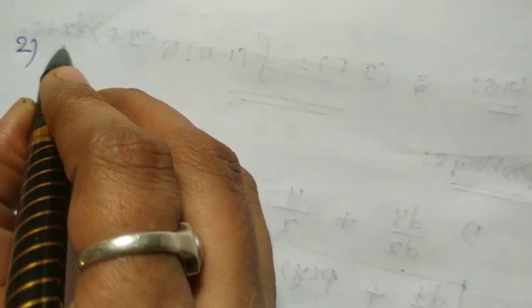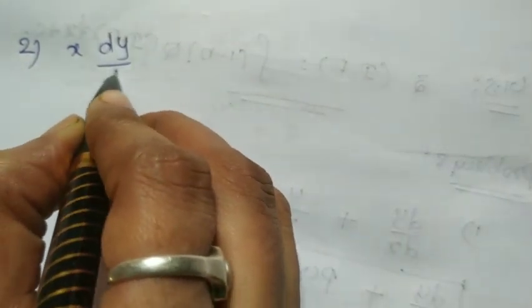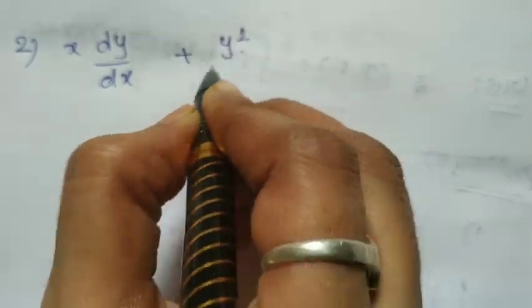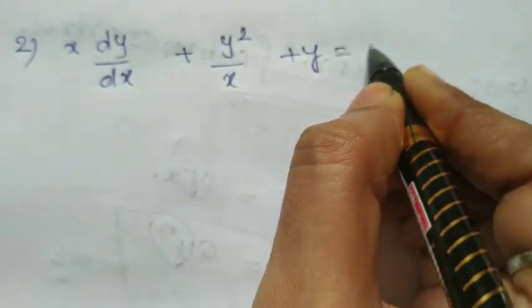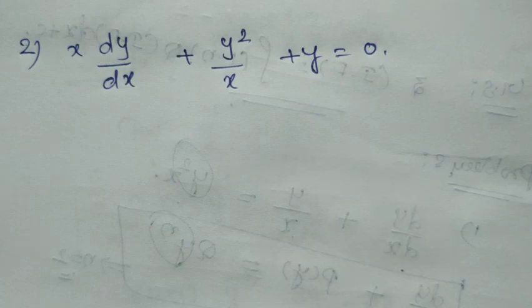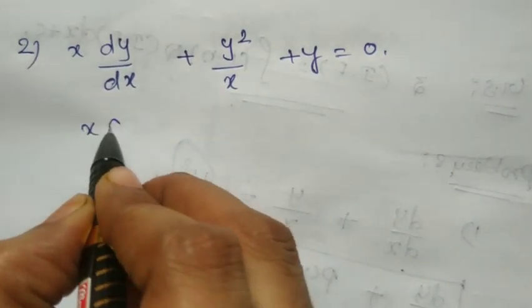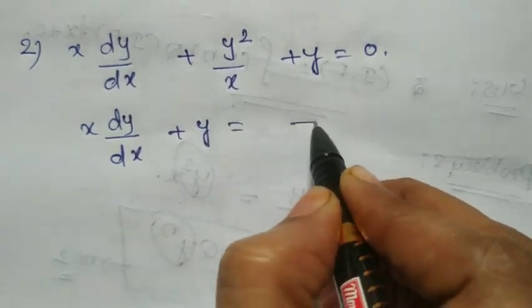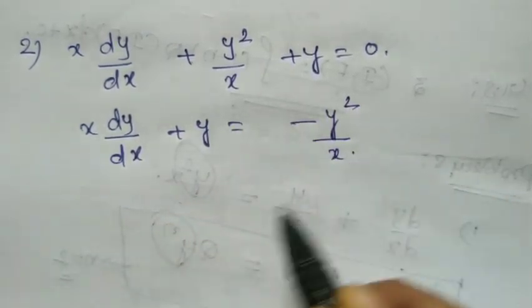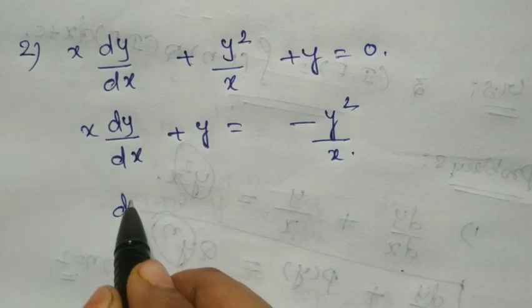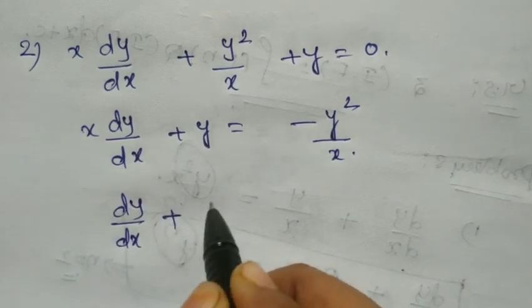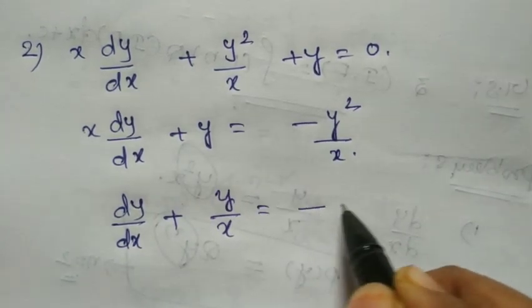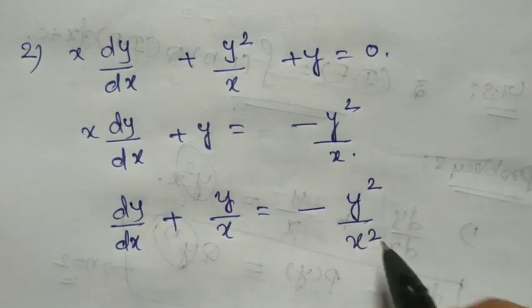Next problem: x into dy by dx plus y square by x plus y equal to 0. By changing this, x into dy by dx plus y equal to minus y square by x. So therefore dy by dx plus y by x equal to minus y square by x square.